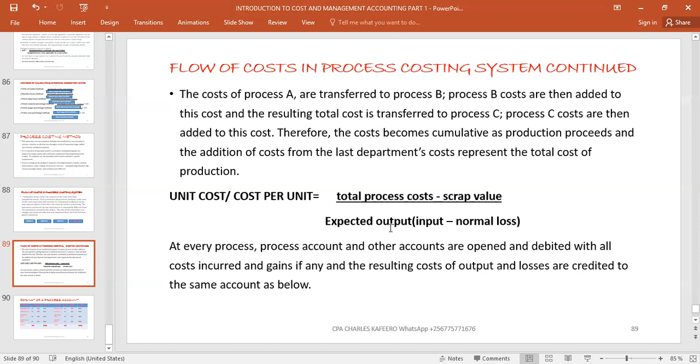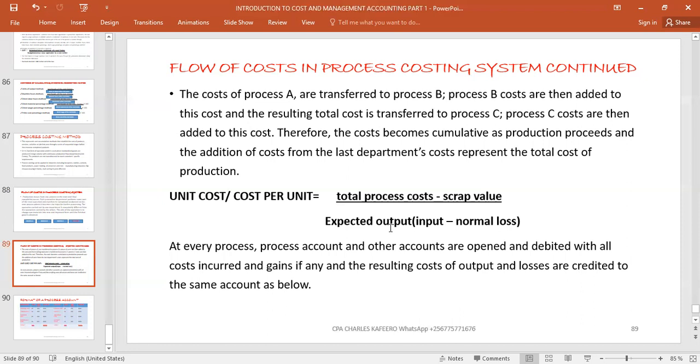And you may find that when the actual production occurs, we've got, let's say, 10,500 from the production. We shall say that since we expected to produce 9,000 and we've got 10,500, that 1,500, which is in excess of our expected unit, will be our abnormal gain.